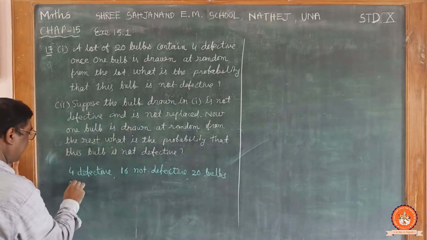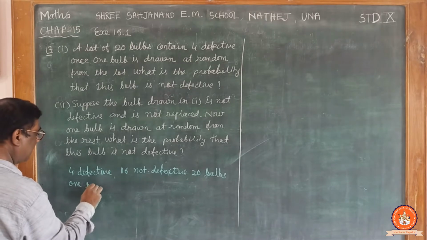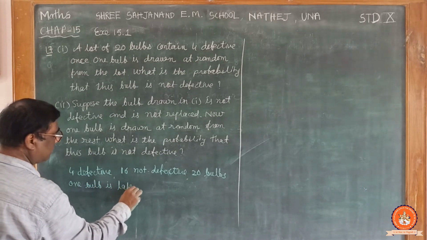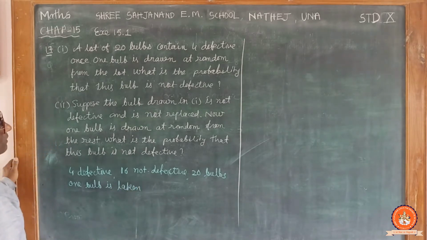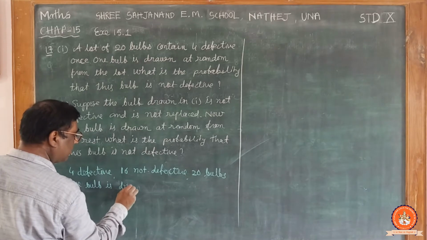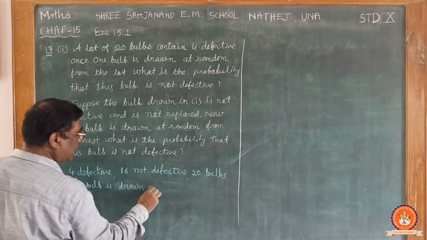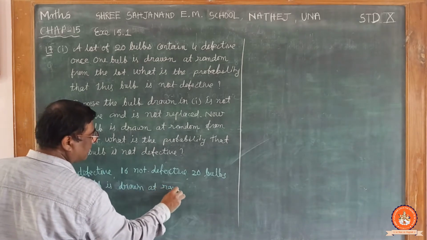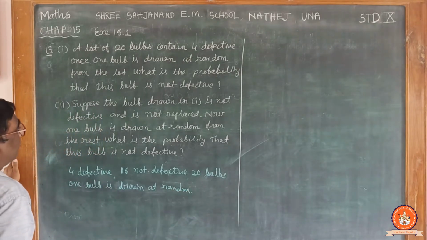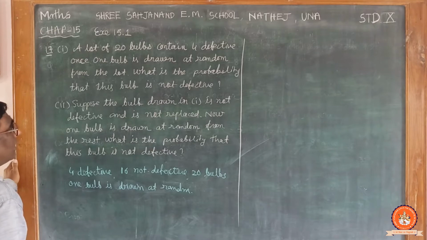One bulb is taken out. One bulb is drawn at random. Okay. From the lot, what is the probability that a bulb is not defective?